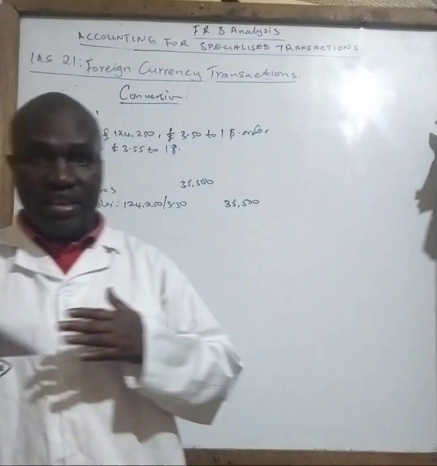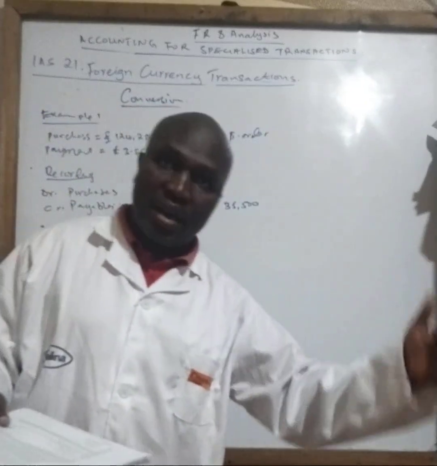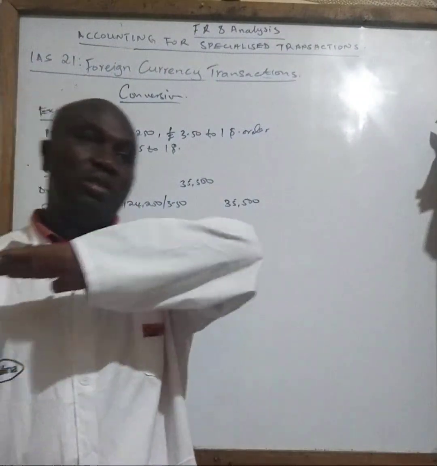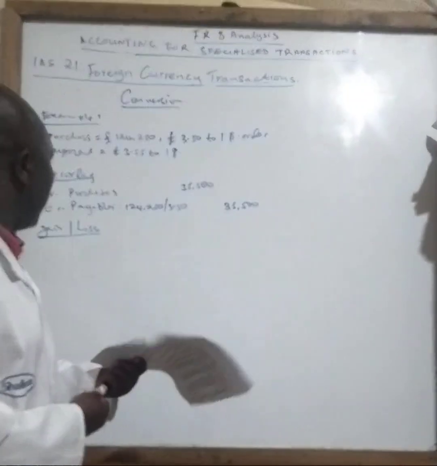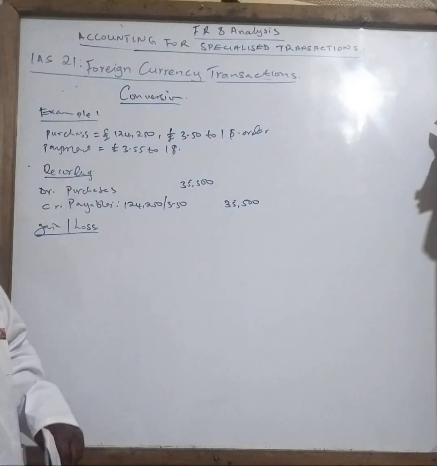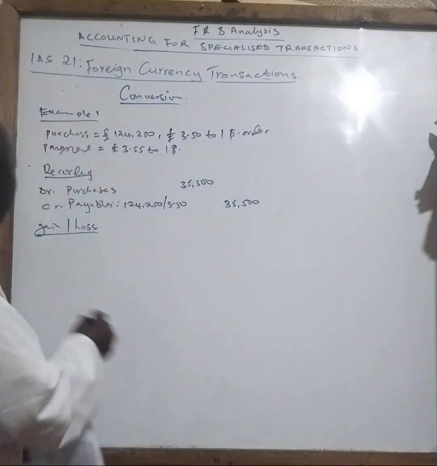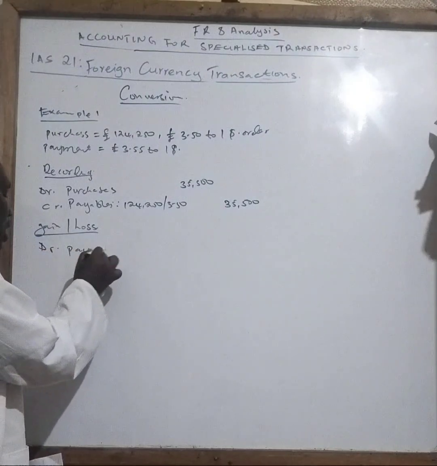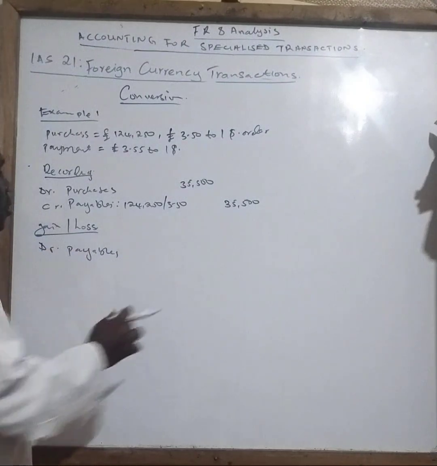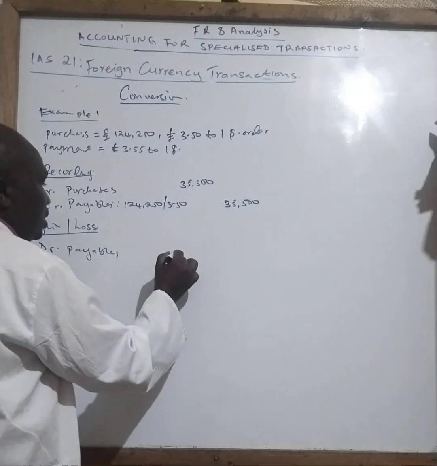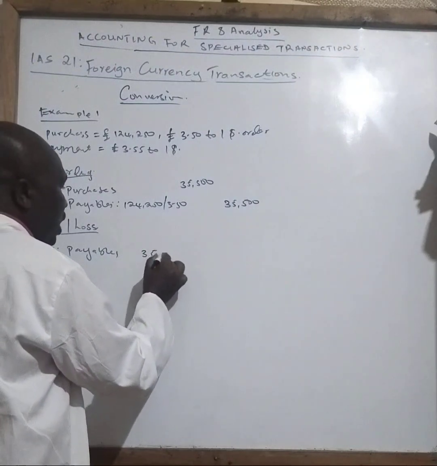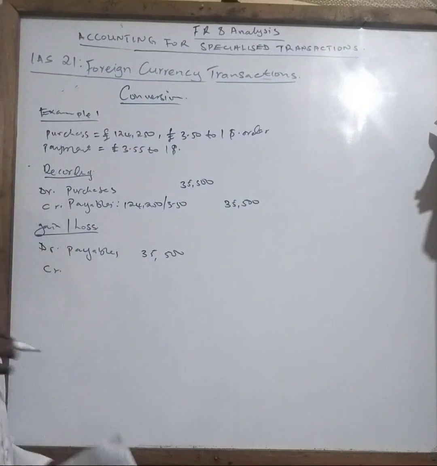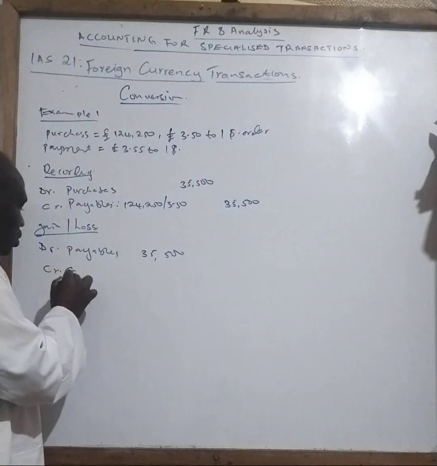So I'm crediting my bank or cash and I'm debiting my creditors. So I have to debit my payables. How much is the payables? This is your liability, that is 35,500. Then you are crediting bank or cash.